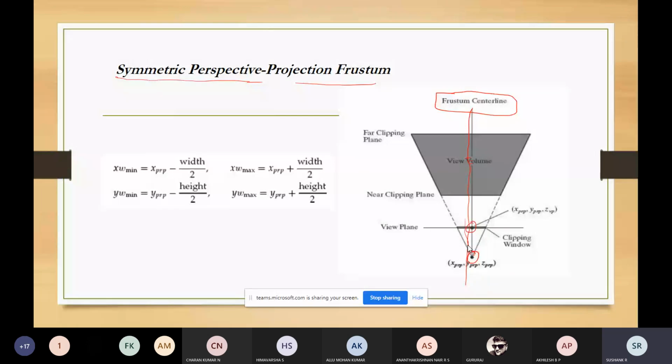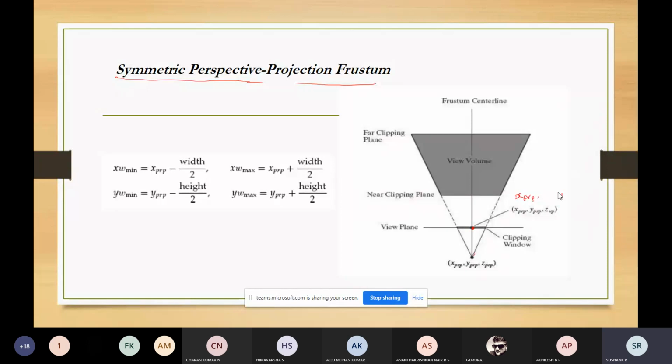Now what you can infer from this frustum is, I'll just erase this, that this line is intersecting the view plane at the position xPRP, yPRP, and zVP, the projection reference point coordinates.